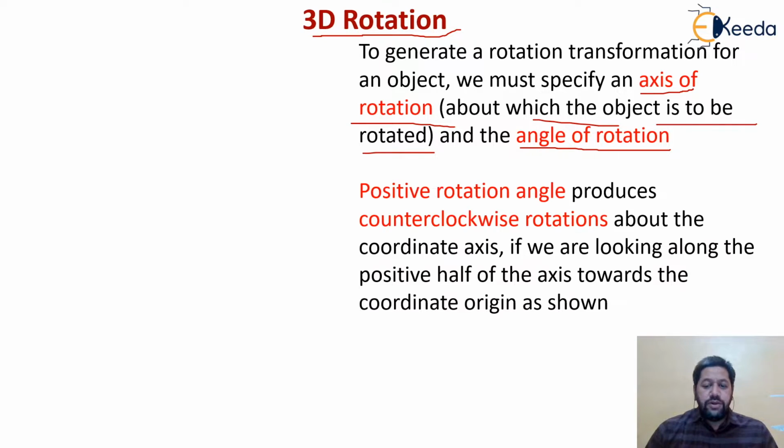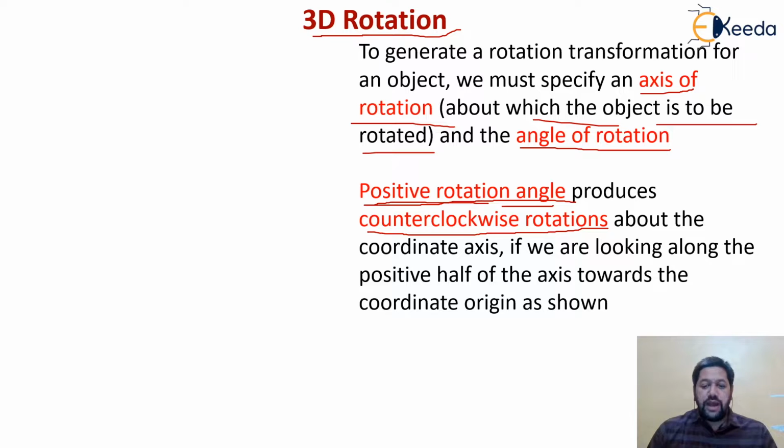Okay, now generally whenever I'm giving the angle of rotation as an input, theta value I'm giving as a rotation input, then we must know what is the positive angle of rotation and what is the negative angle of rotation. Okay, so when I give plus 90 degree, minus 90 degree, what is the positive and what is negative angle of rotation? So here we are considering the positive rotation angle, plus 90 degree. If I'm giving that, then it produces the counterclockwise rotation or anti-clockwise rotation.